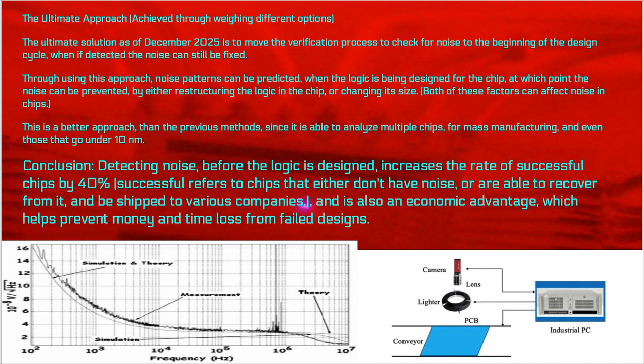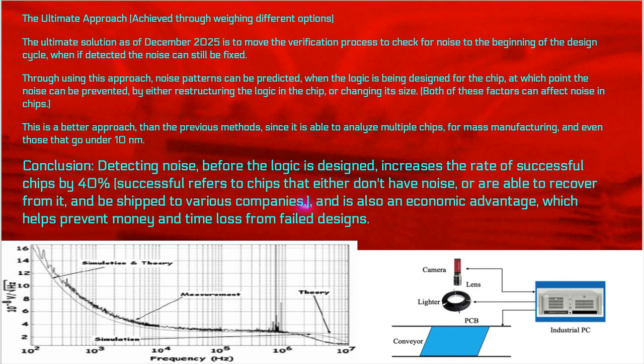The ultimate approach, the way I got this is through weighing different options and considering different methods, and what I think is the best, most effective one. And this is again as of December 2025, the best method is to move the verification process to check for noise to the beginning of the design cycle.